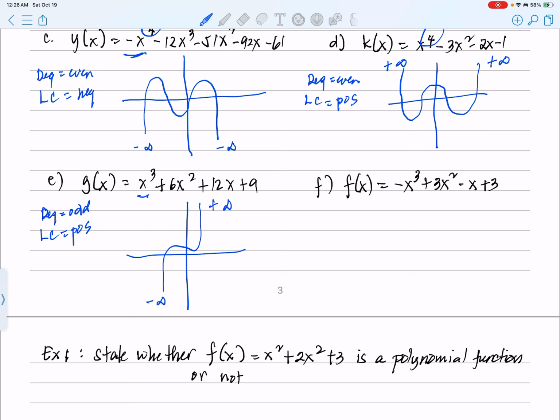For a negative, how does it look? I'm making a sketch here. The degree is odd, and the leading coefficient is negative. So what does odd and negative mean?